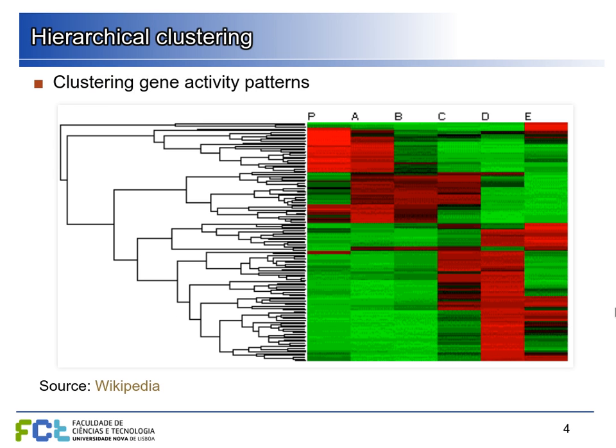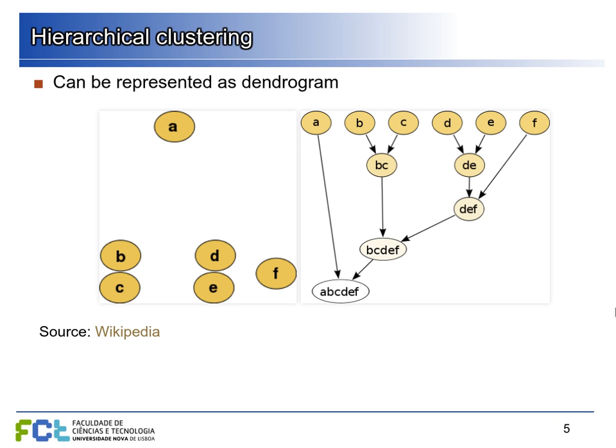So we want to see genes that have an activation pattern that is very similar, but then groups of genes that are also somewhat similar, not as similar as within each group, but more similar between the groups than to any other group, and so on. So we can draw this kind of tree representing the similarity between the examples and the groups of examples. So this is the basic idea.